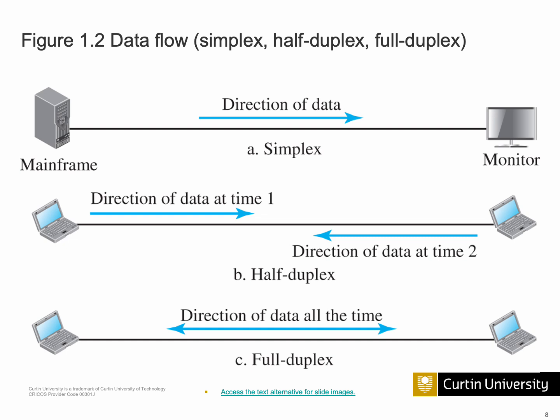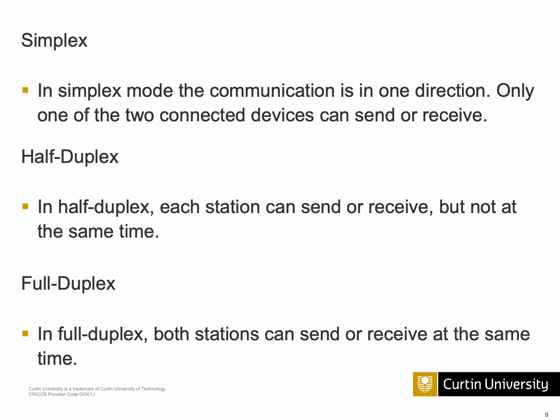In full duplex, signals going in one direction share the capacity of the link with signals going in the other direction. One example is the telecommunication network. So in this slide you can see the explanations given.